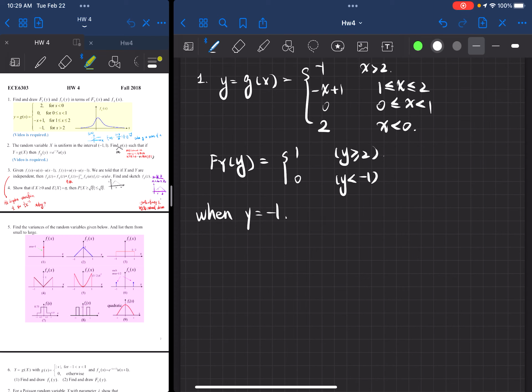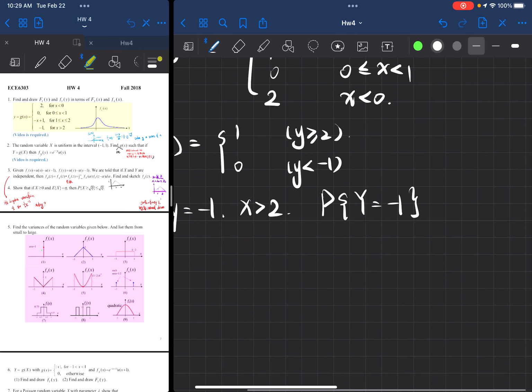This time x is greater than 2, so the probability of y equals minus 1 is equal to the probability of x greater than 2, and it equals 1 minus the distribution function of x at x equals 2.